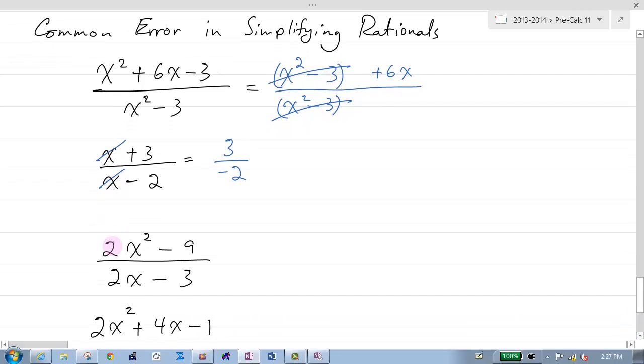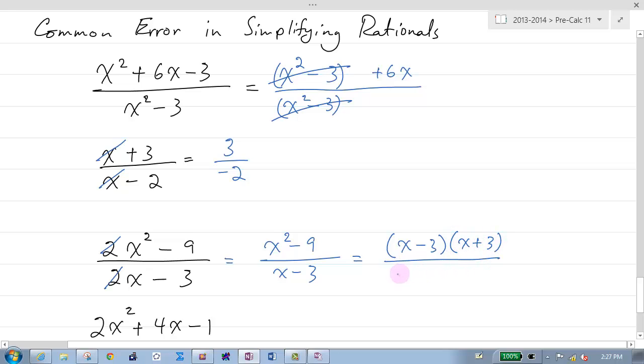Another common error. People see something like this, 2x squared minus 9 over 2x minus 3. They cancel the 2's because they're at the beginning, right? Rewrite it as x squared minus 9 over x minus 3. And then factor the top into x minus 3 and x plus 3. And then the x minus 3 from the top and the bottom cancel each other out, and this is simplified.